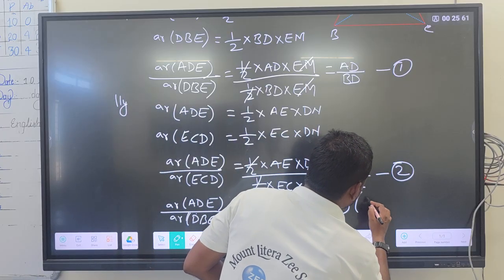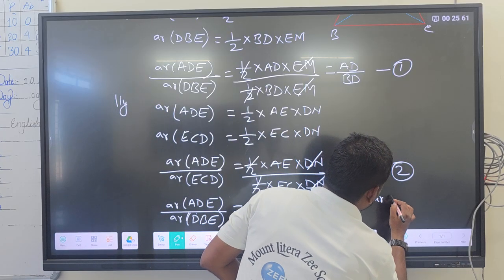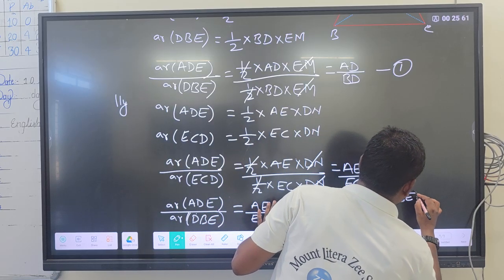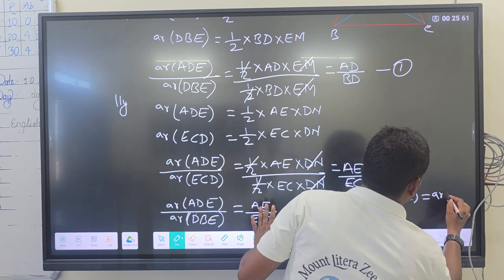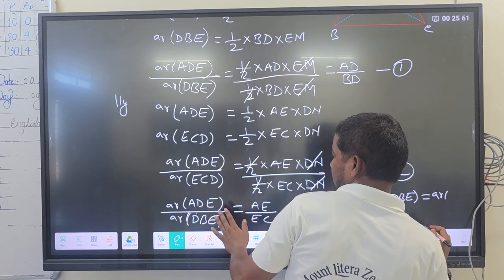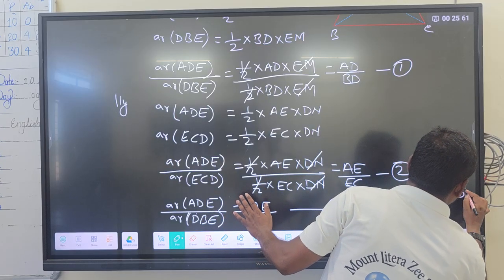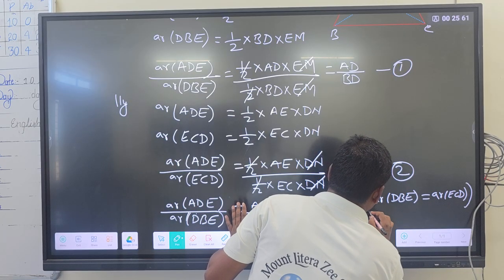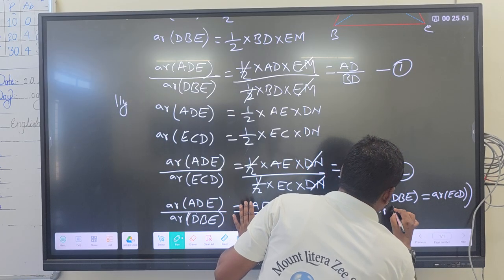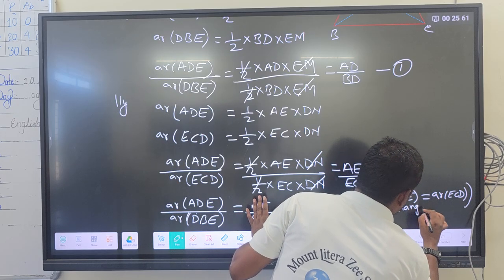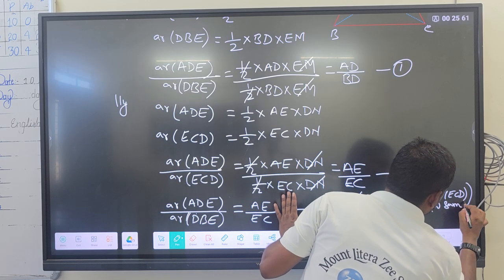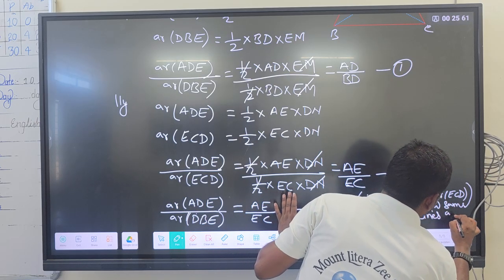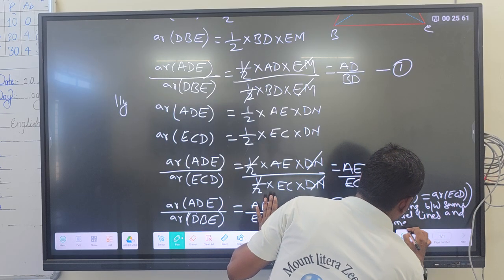But here in the reason you will have to write, since area of triangle DBE is equal to area of triangle ECD, triangles between same parallel lines and same base.